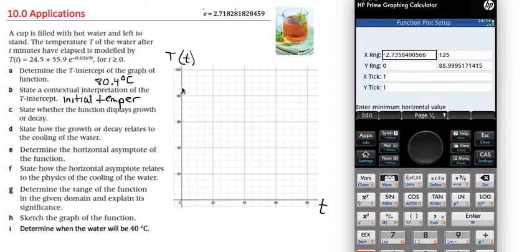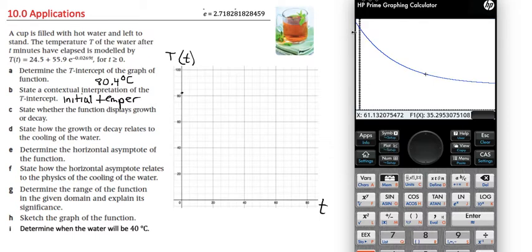We know the y-intercept is 80.4, so you can make this 0 to 100, something like that, but you can see from the numbers that you're going to need a pretty high y-axis. So when you have your nice plot, then you can see that this is decay.